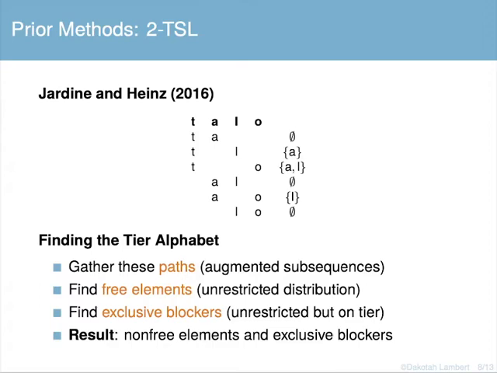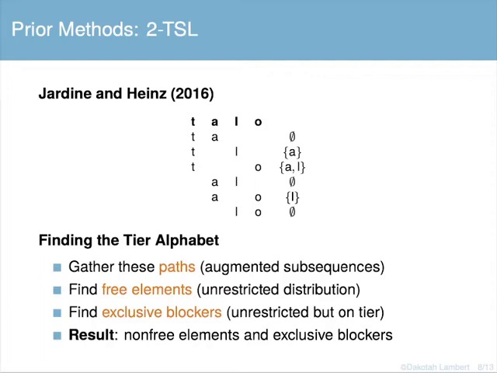Once you've found all of these augmented subsequences for every word in the text, how do you find the tier? Well, first you have to find the free elements. It is those that are unrestricted in their distribution. Also, you must determine the exclusive blockers, that is, symbols that are themselves unrestricted, but that do restrict the distribution of others.